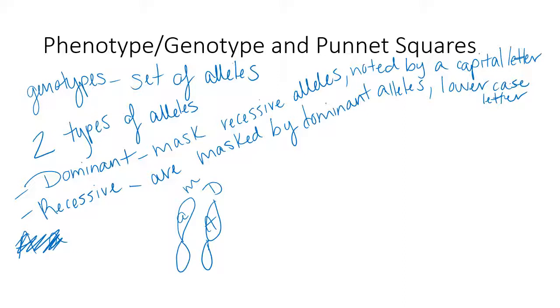So if our children receive this set of alleles, they would have one dominant, one recessive, and this is what we call heterozygous. And if you are heterozygous, that means you have one dominant allele, one recessive.